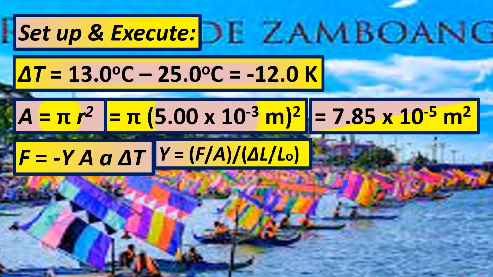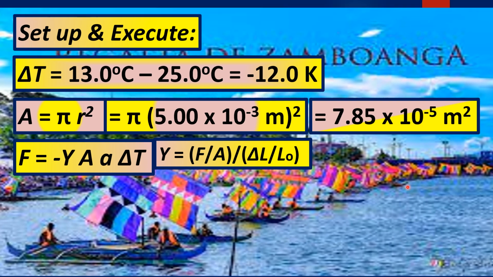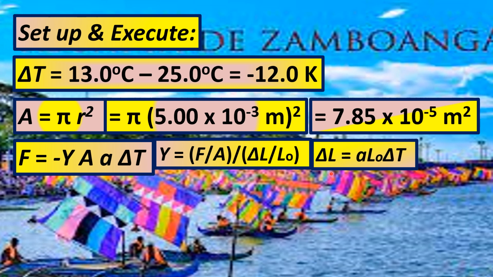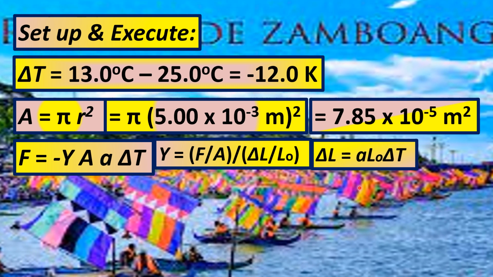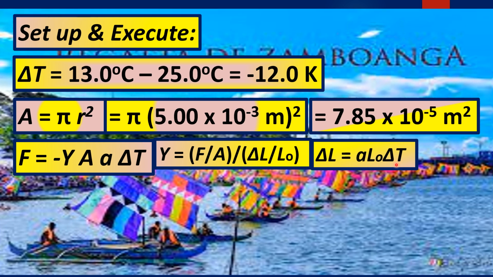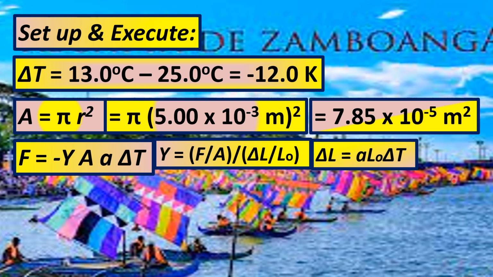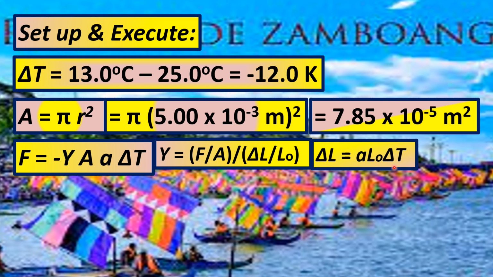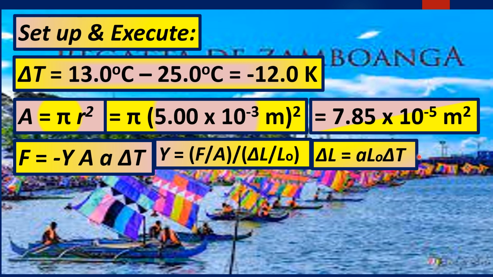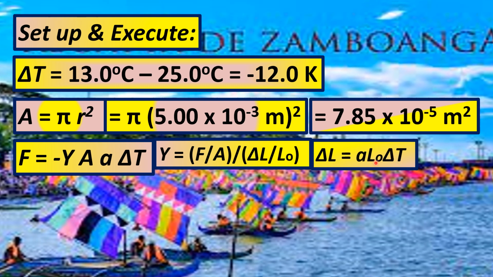So, the other equation refers to the equation describing what we call thermal stress, whose change in length or the elongation due to thermal expansion or contraction can be expressed as the product of alpha, the coefficient of linear thermal expansion or contraction, multiplied by the initial length L naught and the change in temperature delta T. So when these two equations are combined, the variables delta L as well as L naught are common in both equations.